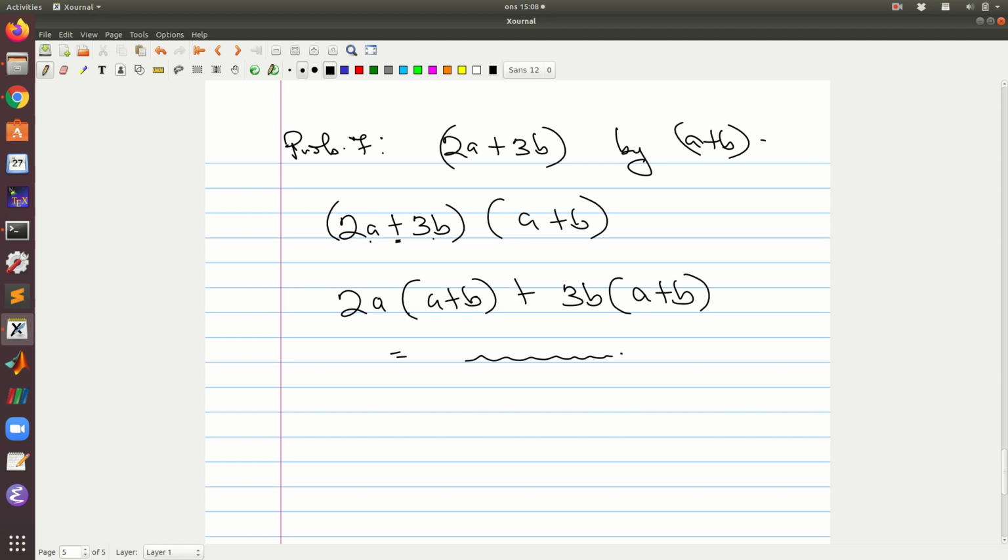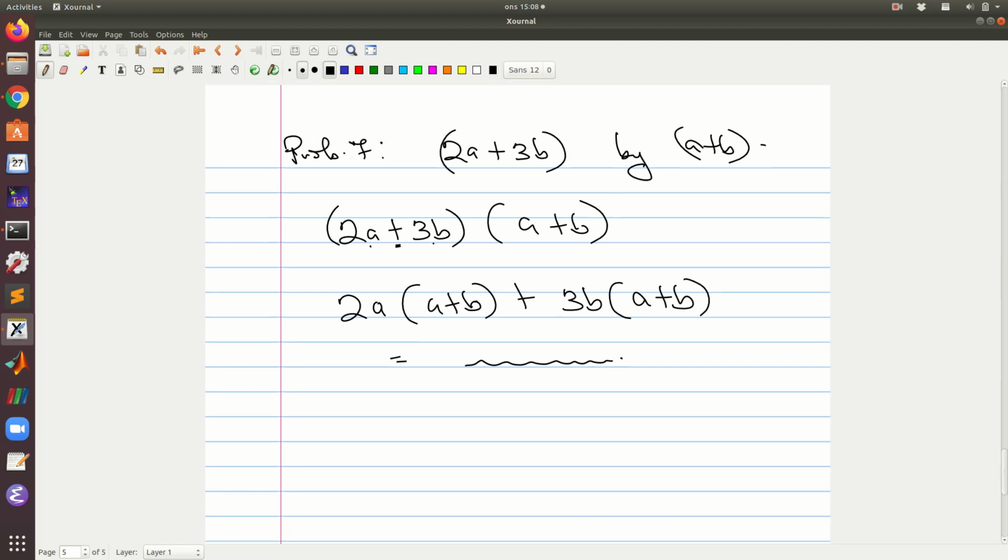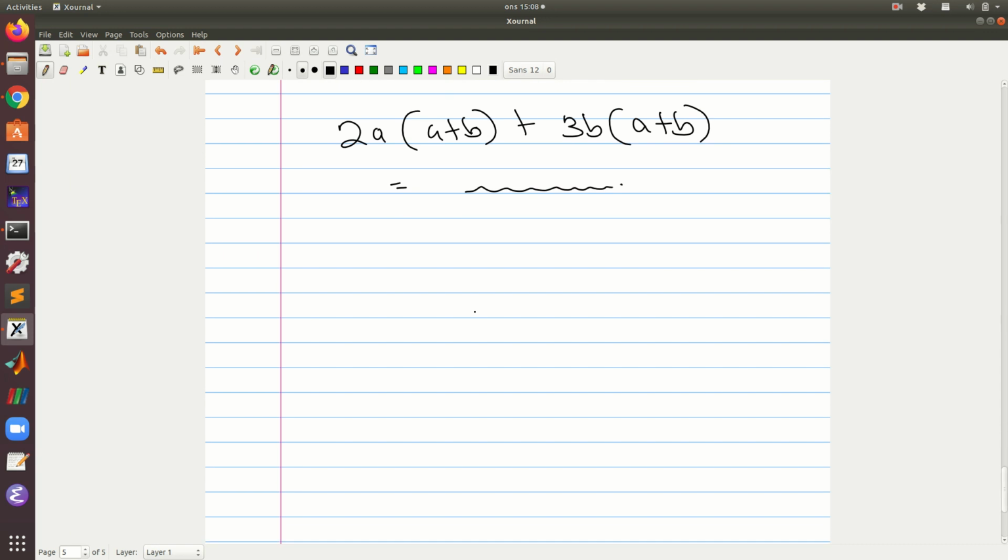If you want to multiply it like they have done in the notes, you can also follow suit. You can also multiply in this way, a plus b, and then they have this.